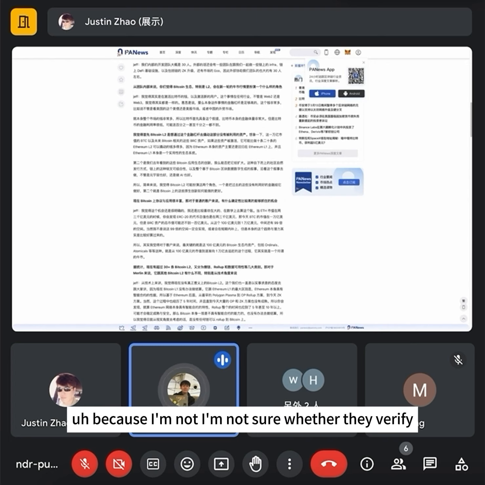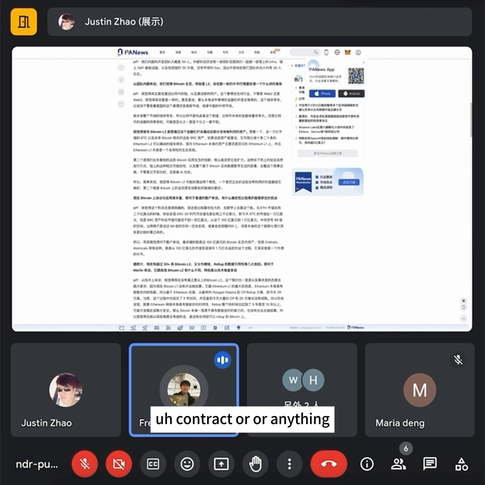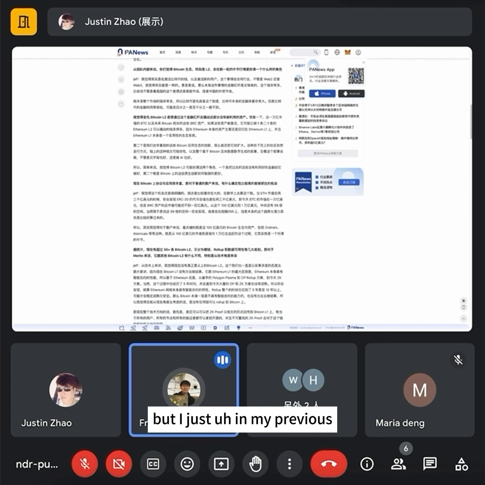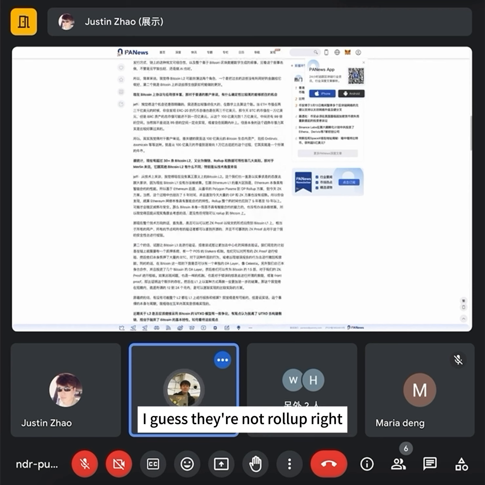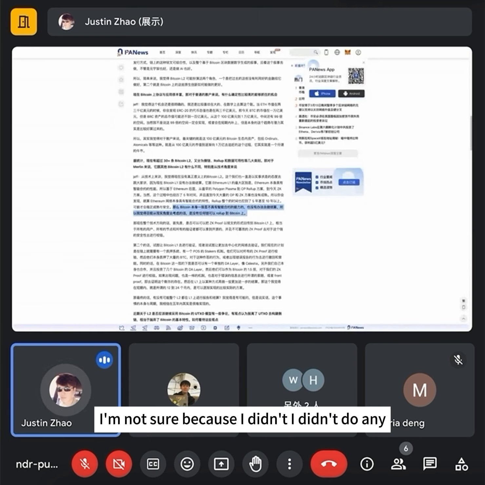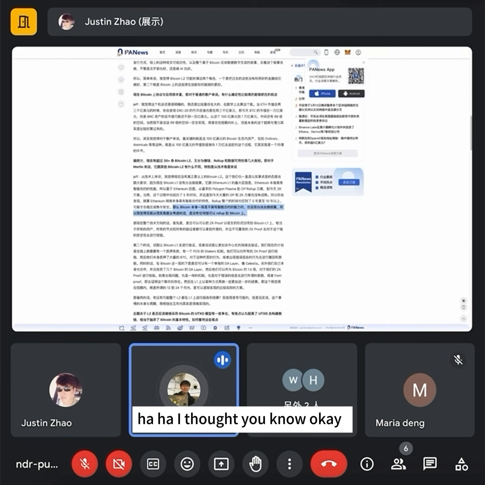I'm not sure whether they verify the information by their bridge smart contract or something else. But in my previous research about other chains, I guess they are not rollups, right? Is that right? I'm not sure. I'm not sure because I didn't do any research on B squared, so I don't know the answer. Sorry. Okay. I thought you knew.